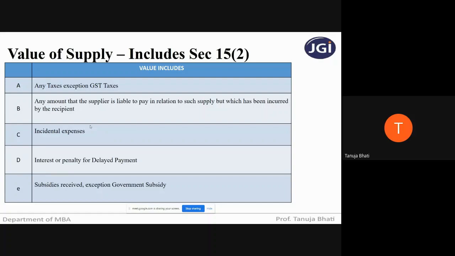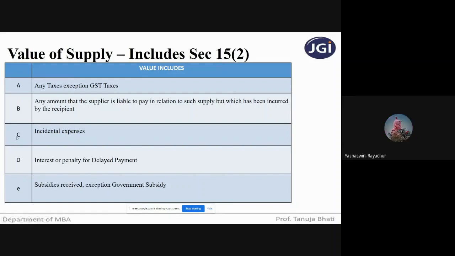So is section 15 subsection 2 clause C clear? So if the supplier is doing a special packaging for the goods that have been transported to Mahabaleshwar, this extra packing charge also has to be added to the transaction value in case it is not added earlier. So students, is this clear? Is section 15 subsection 2 clause C clear, students?